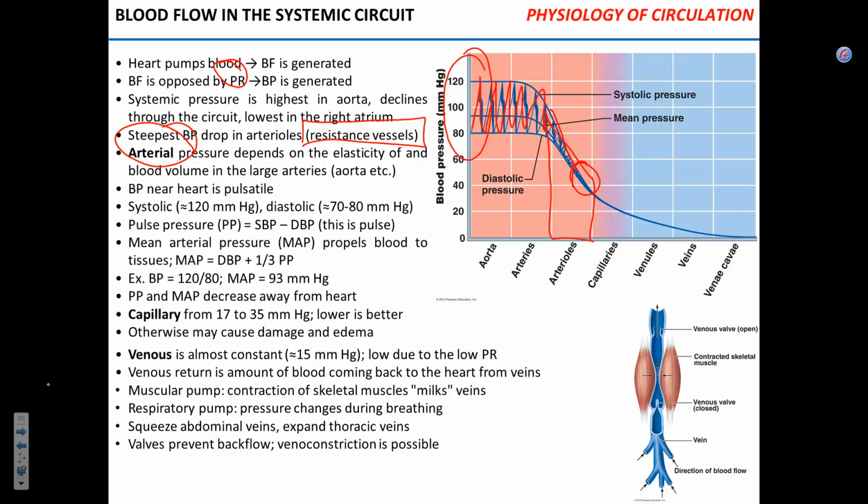Okay? Normal systolic pressure is 120, diastolic is 70 to 80. We're going to talk about hypertension, and these numbers that I give you is a medical consensus that is shattering now. That this is normal, this is being questioned. Now, pulse pressure is the difference between the systolic and diastolic.